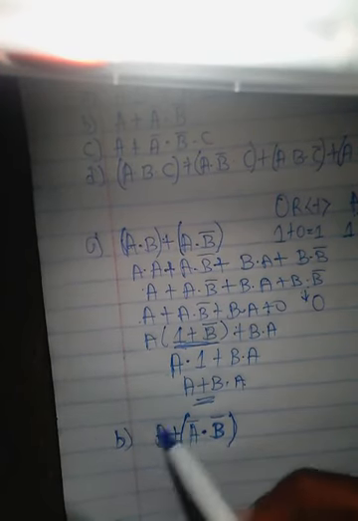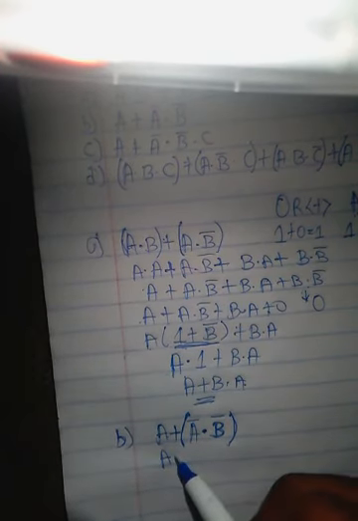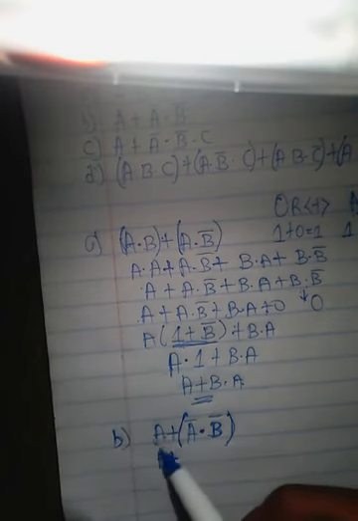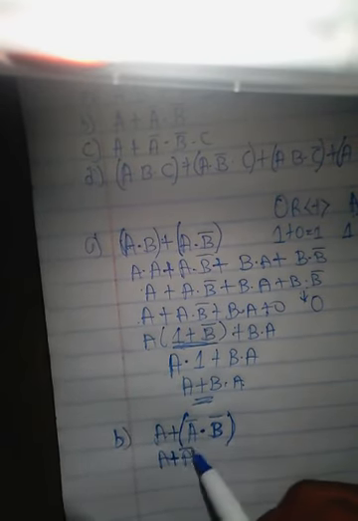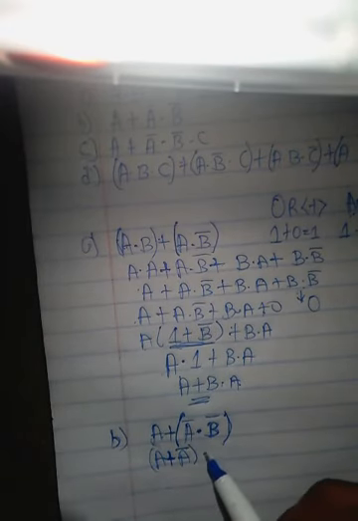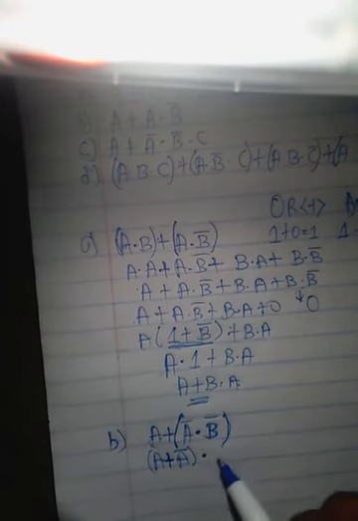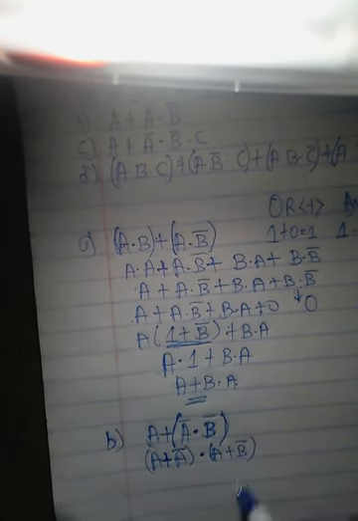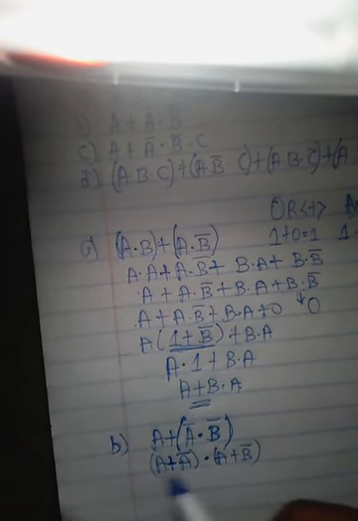So I'll just write a plus. Now note that we have the plus function here. A plus a bar multiplied by, which is dot here, a plus b bar. Now from here we can simplify.